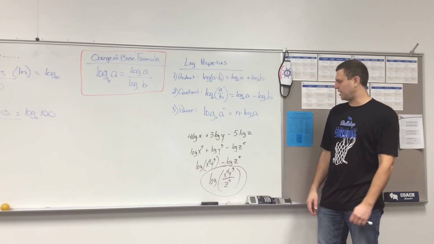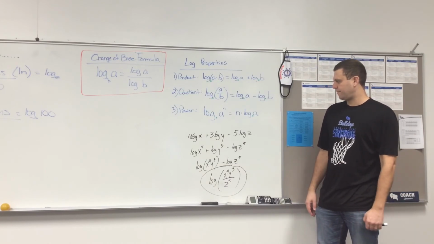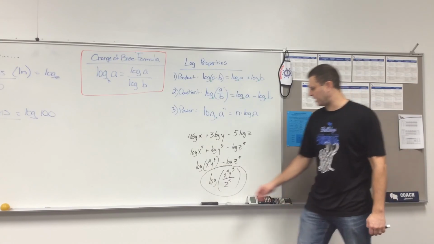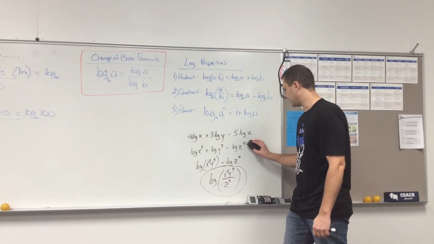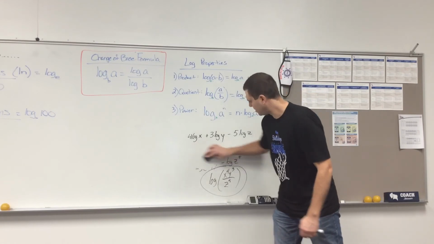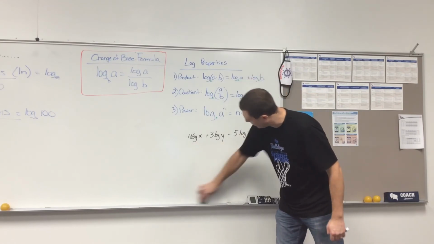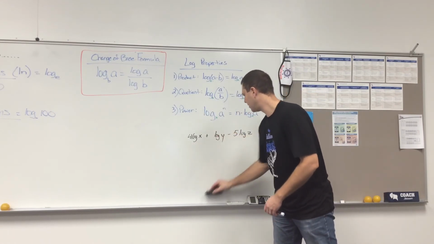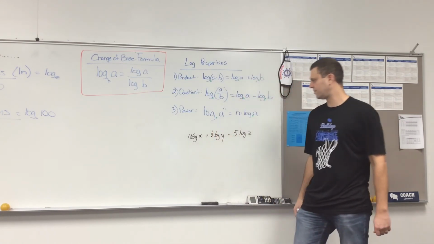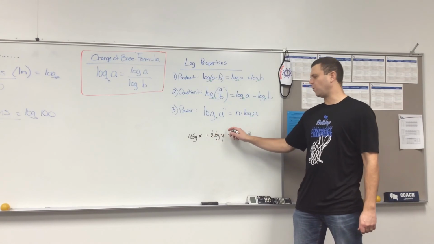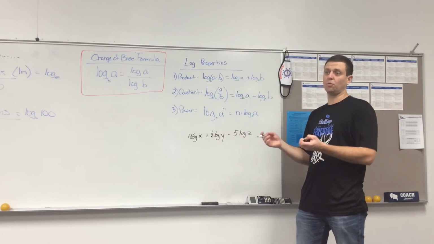The only way maybe I could make that a little more challenging is I could throw a fractional power in here. Let's say I made this 1/2. So when I move the 1/2 to the power, I'd get a y to the 1/2 power.